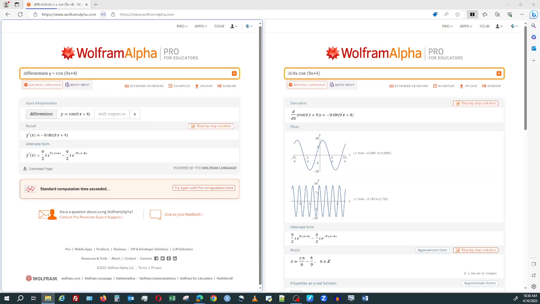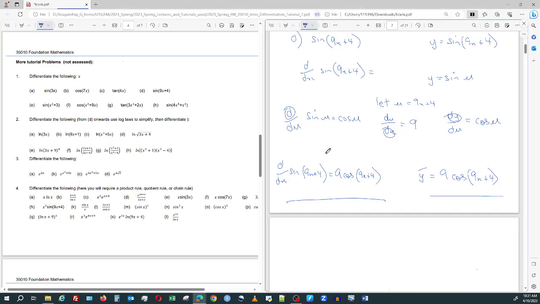So how do we end up? Satisfactorily? Cos 9x plus 4. So cos 9x plus 4 gives minus 9 sin 9x plus 4, same thing. And there it is.